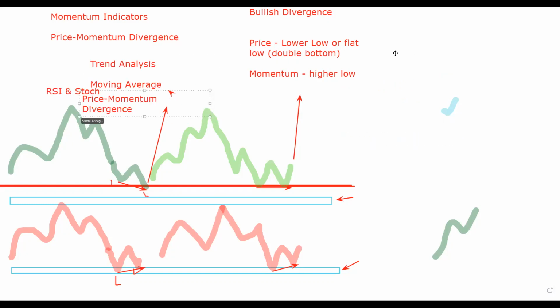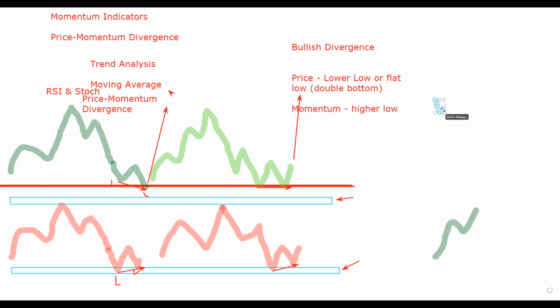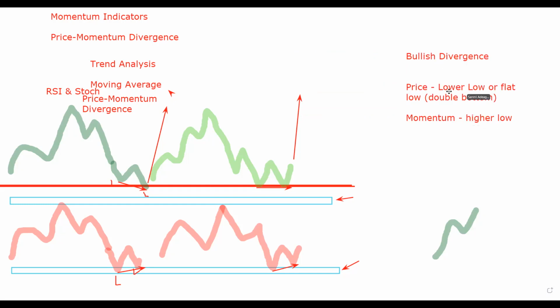So for a bullish divergence, what you want to see is price making a lower low, and what is momentum making?